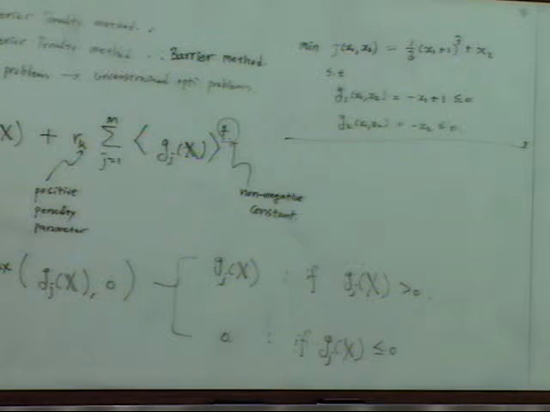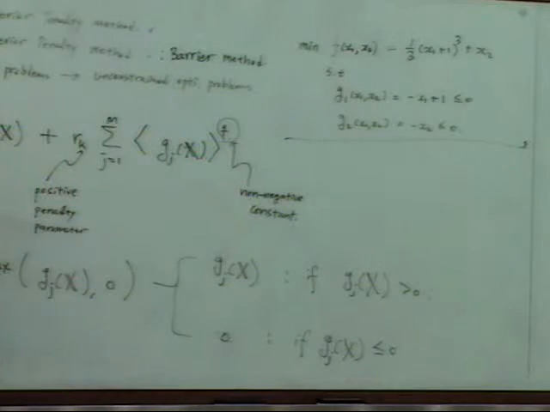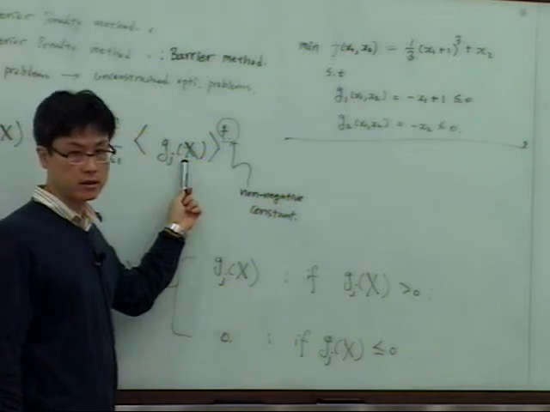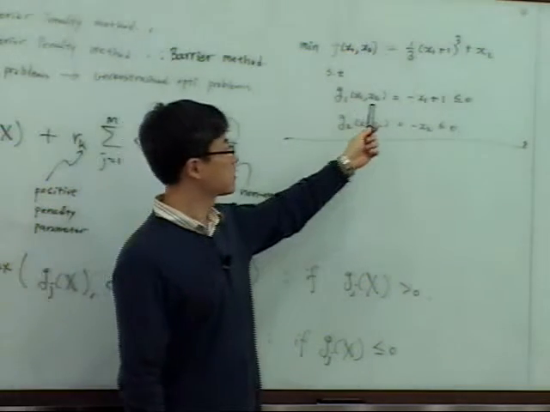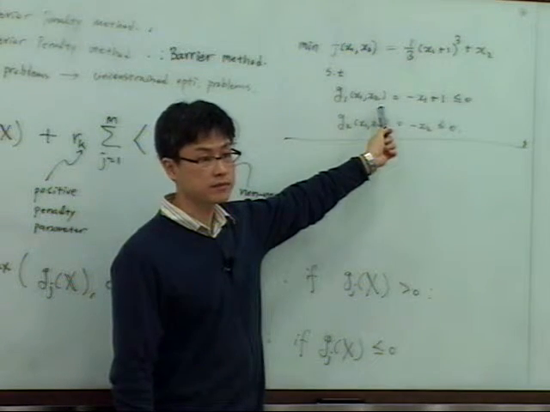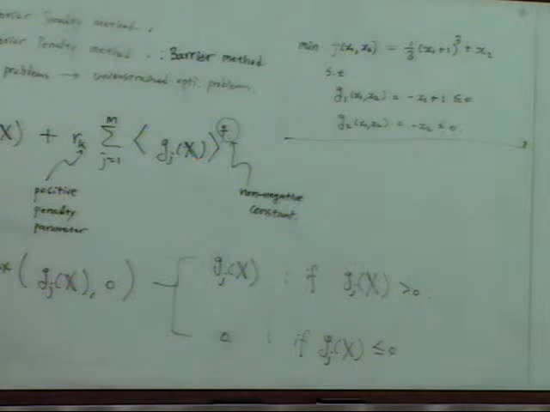If g sub j, in this problem g sub 1, if this g sub 1 value is less than or equal to 0, which means your point x is now satisfying the g sub 1 constraint, then this bracket function will return 0.